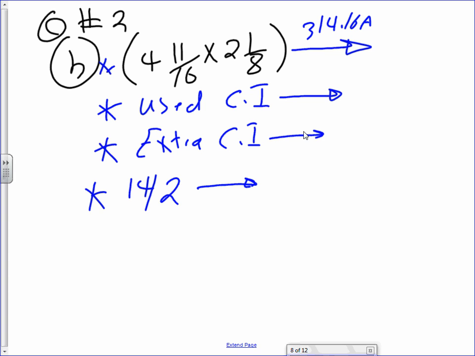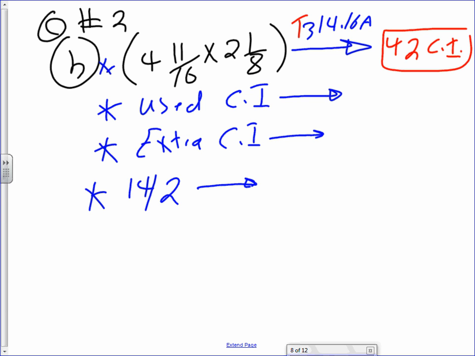What was the cubic inches for the box? 42 cubic inches. Everybody can find that from table 314.16A, it will give you 42 cubic inches. That's how much the box can handle altogether.